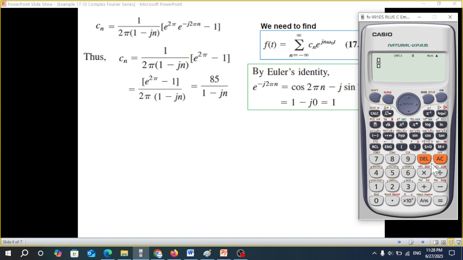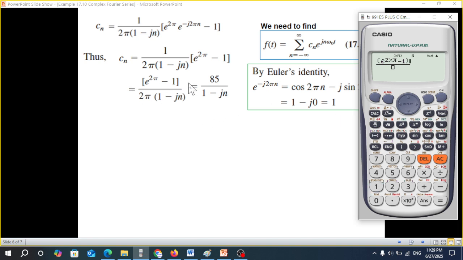The numerator part is e power 2 pi. So let's put a bracket, shift e raised to the power 2 into pi, shift pi. So e raised to the power 2 pi, move ahead, minus 1, bracket close.